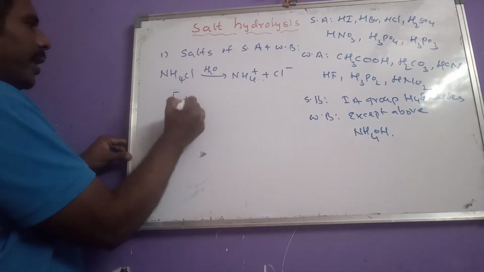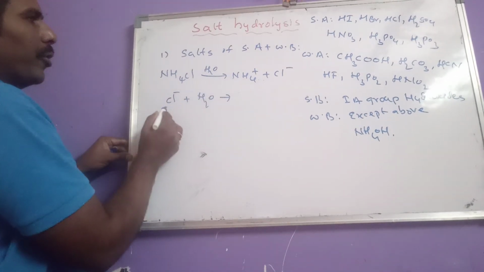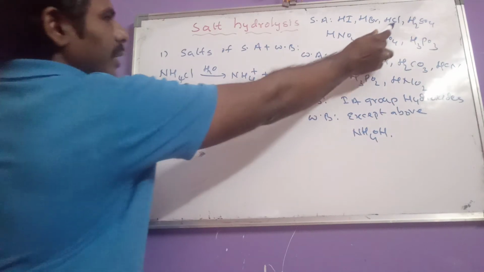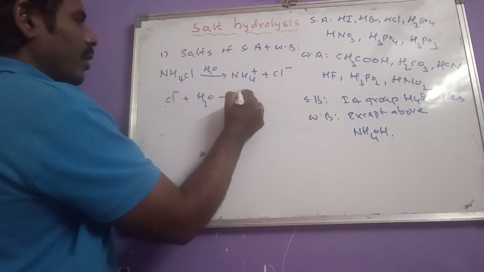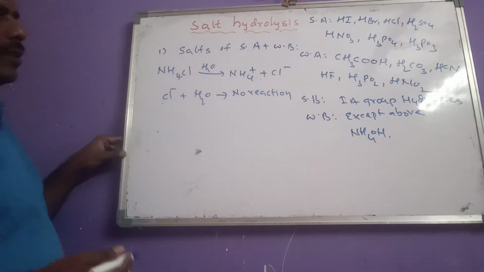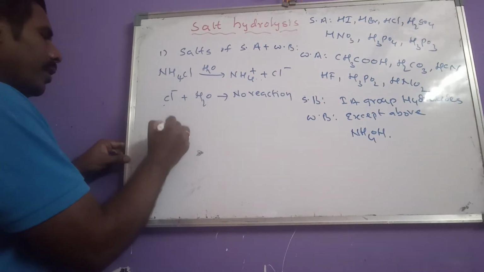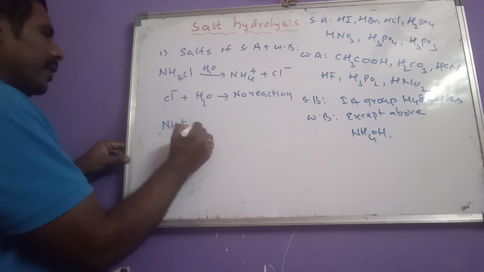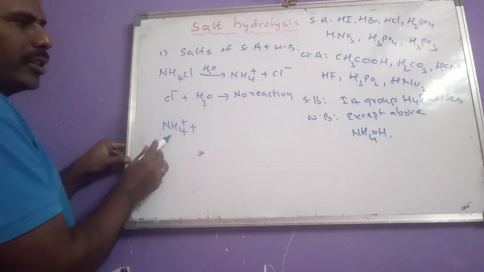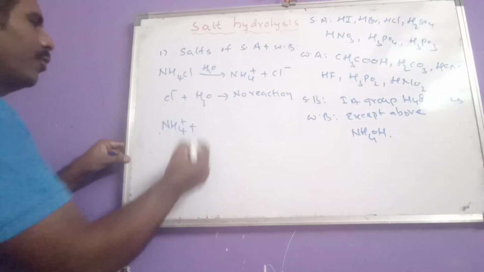As Cl- is a weak conjugate base produced from strong HCl, no reaction with water. So no chance of OH- ions. Now NH4+, it is the strong conjugate acid produced from weak NH4OH.